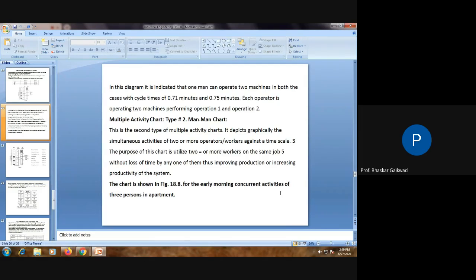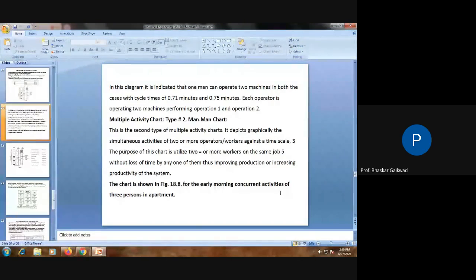Now the next multiple activity chart is man to man. This is the second type of multiple activity chart. It is a graphical representation of the simultaneous activity of two or more operators or workers against a time scale.